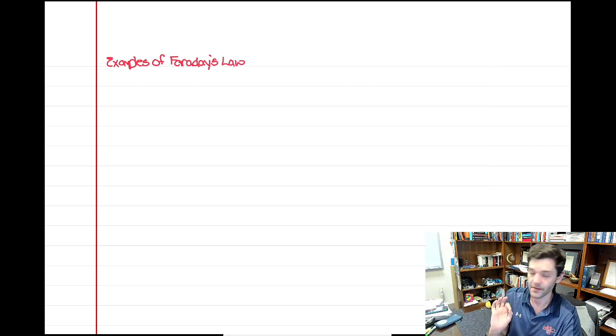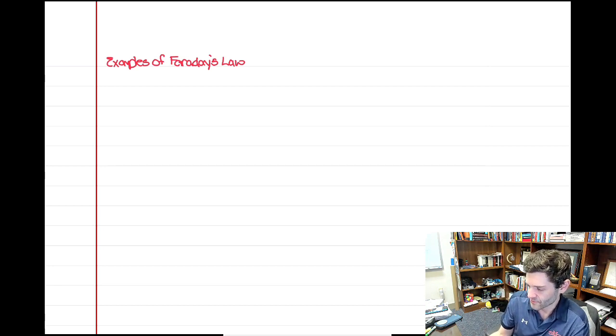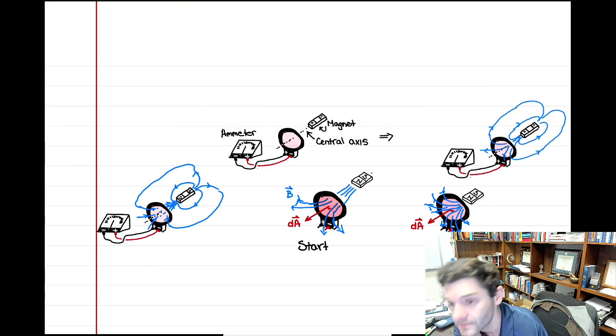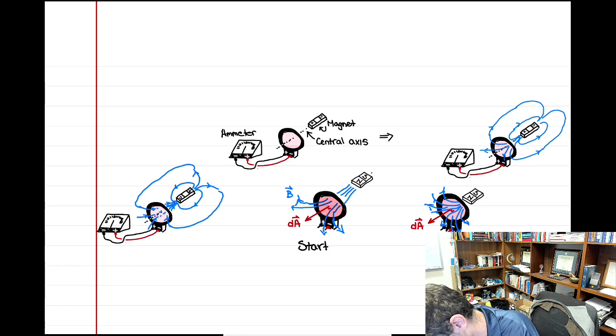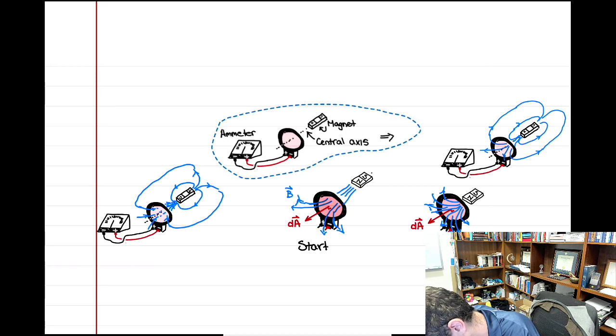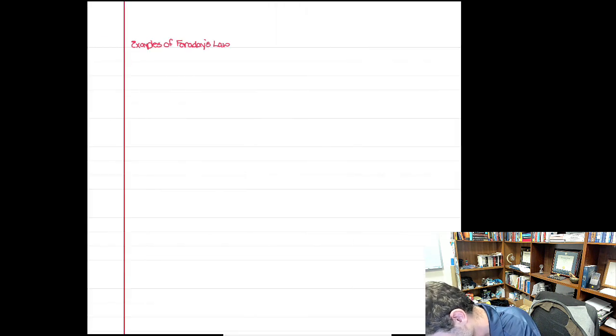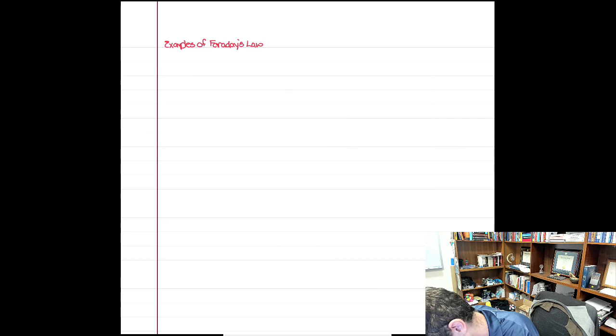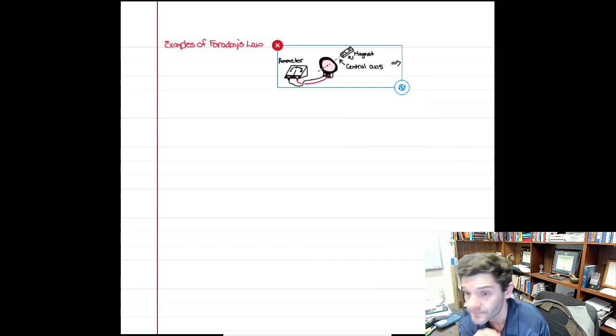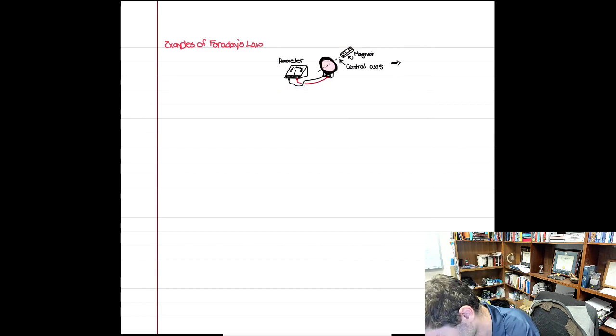Undoubtedly probably one of the more challenging things in this course, because not only are you dealing with this kind of abstraction of flux, but it's not the actual flux that you care about, it's the change in flux that you care about. So, let's see, I have some drawings that I'm pulling from the worksheet that we had. So, move those over here, and then we can talk through them.